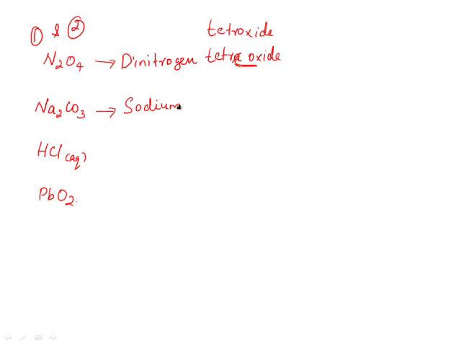What is sulfate? SO4. What is the charge? 2 negative. Remember the charge. The only positive polyatomic ion you will see is the ammonium ion, NH4 plus. All other polyatomic ions you will see are negative ions.